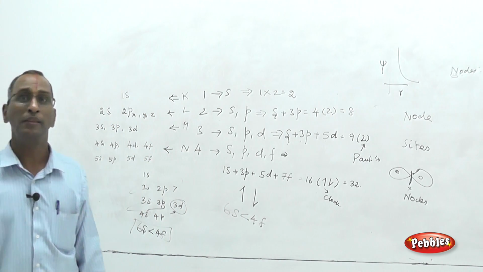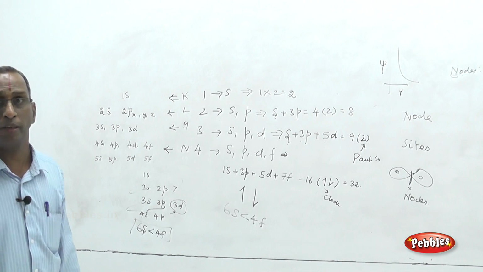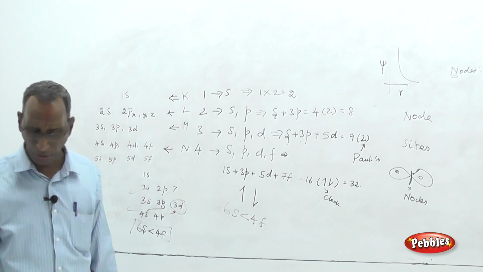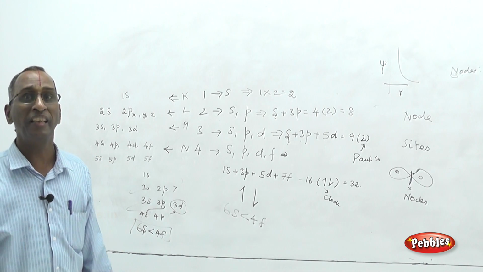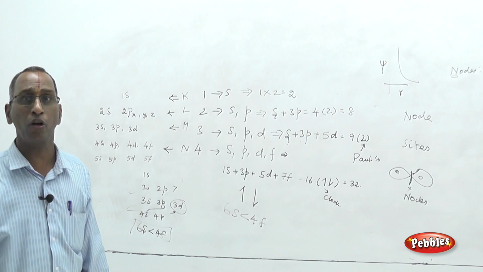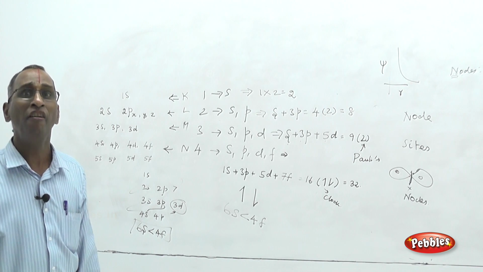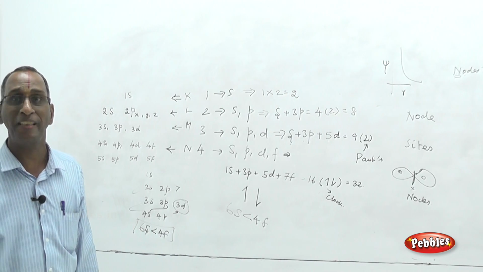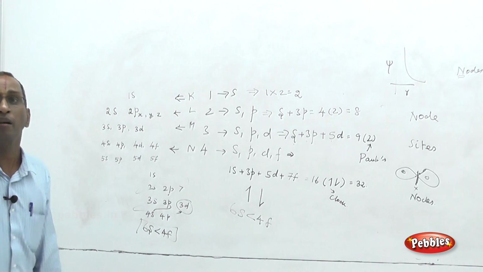Lastly, the electrons are stable in the spinning position, whether spinning in the clockwise or anti-clockwise direction. These are to be noted. So this electronic configuration gives information about the further variation of properties of elements as well as compounds.